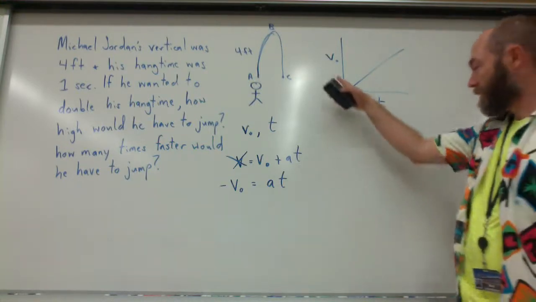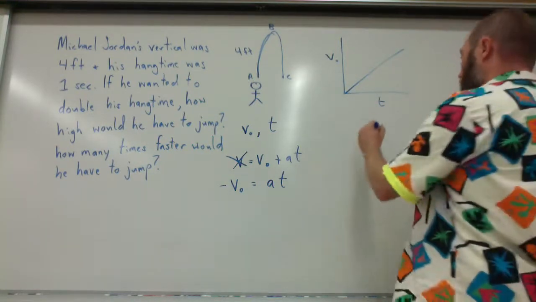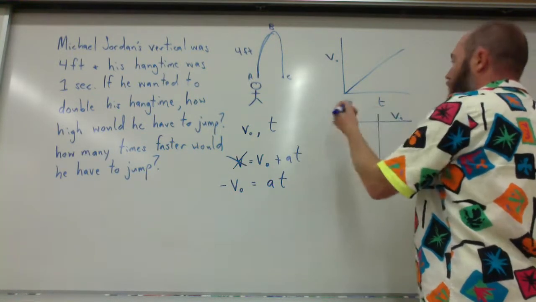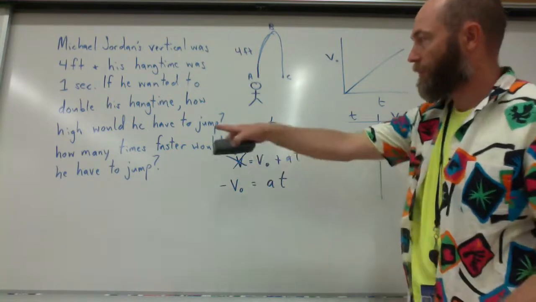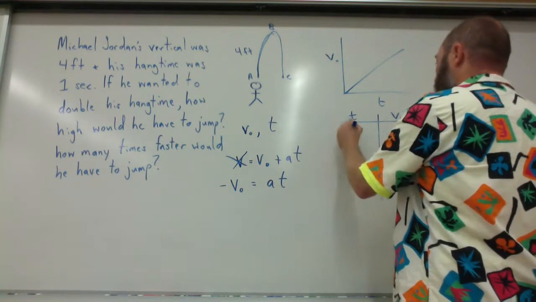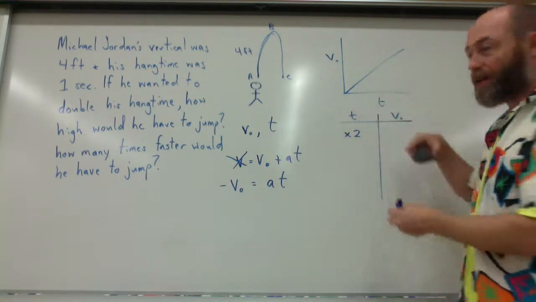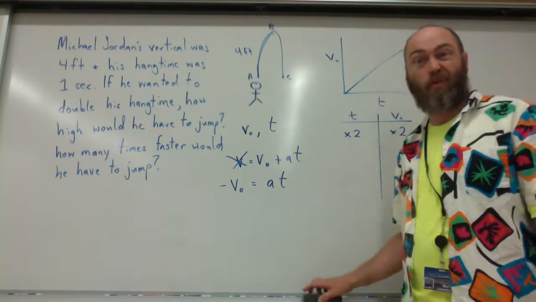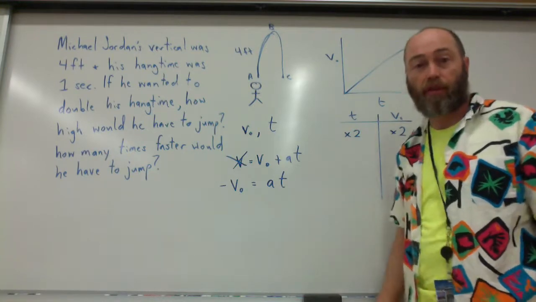And if I want to linearize it like we've been doing, t and V0, then how many times faster do we have to jump to double this? Well, if this is times 2, this is already a line, so that's going to be times 2. So how many times faster? He'd have to jump twice as fast, with twice as much initial velocity.